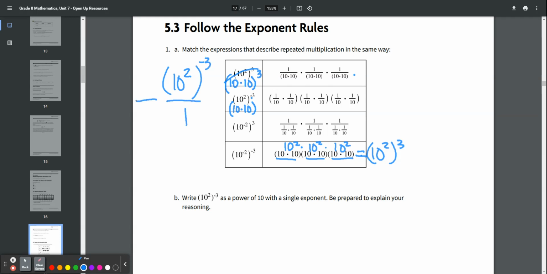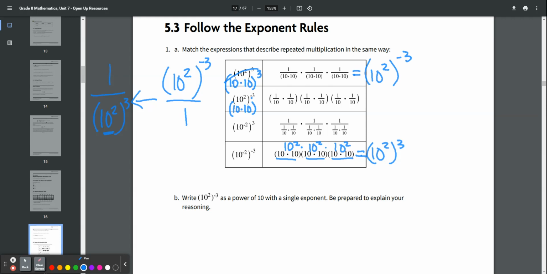Currently, I want to change that to a reciprocal that says 1 divided by 10 to the second power. So take my reciprocal first and then justify my power to a positive exponent. And when I think about it this way, I'm looking for 10 to the second power only in the denominator, and that gives us this one right here on the top, 10 to the second power, but we're inverting it, raising it to the negative third power.